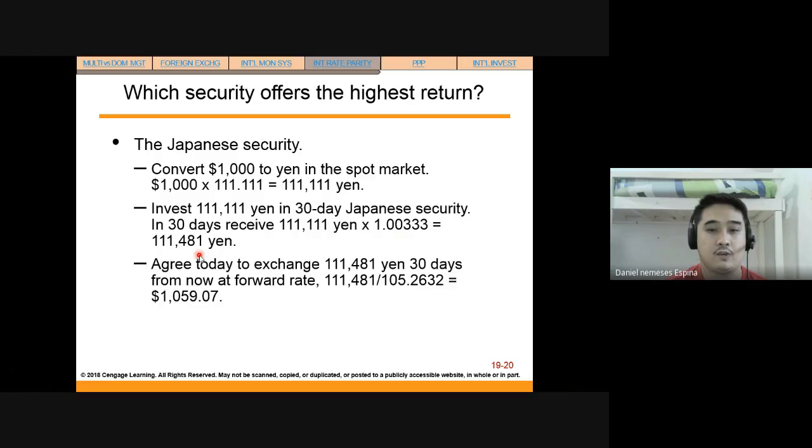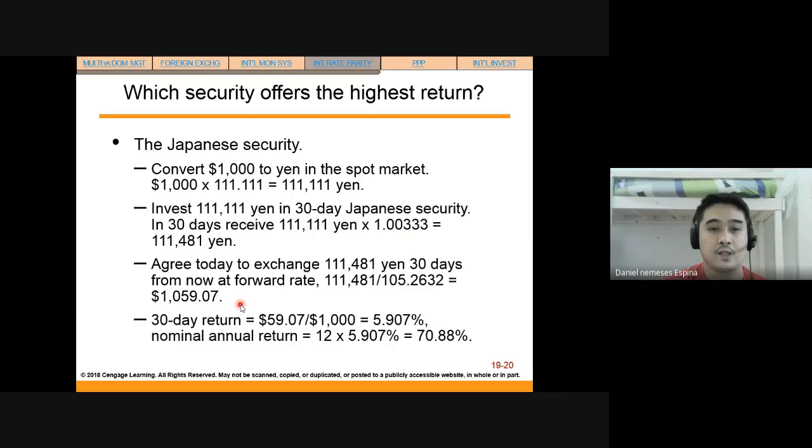So the forward exchange rate, if we agree today to exchange the 111,481 yen 30 days from now at a forward rate, the equivalent of this amount in dollars is 1059.07.